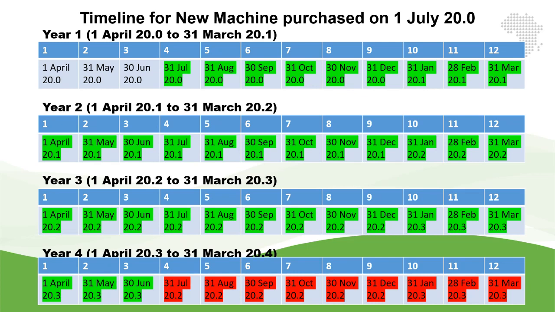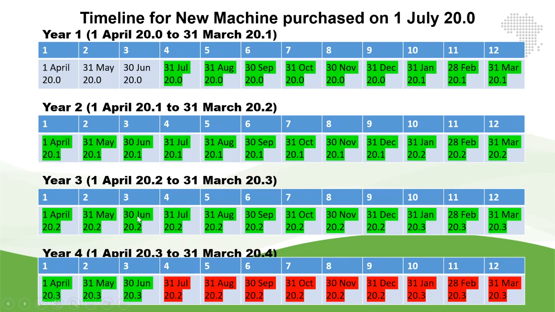Let's move to year 3 then. Year 3 starts on 1 April 20.2 and ends on 31st March 20.3. You were told that the asset was sold on 30 June 20.3. Does the date of selling this asset fall within year 3? It doesn't, because year 3 ends on 31st March 20.3, and the asset was sold on 30 June 20.3.